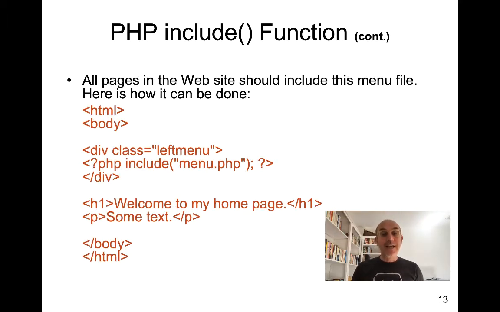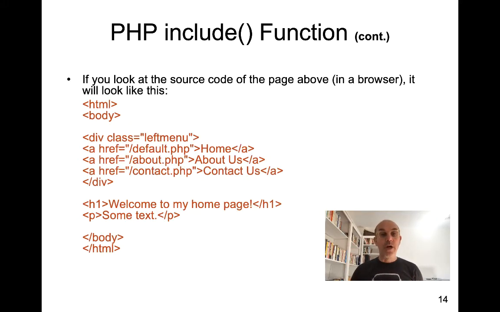The idea here is, again, using the PHP include for the menu, so it will appear on all the pages. We also added the div class as a left menu, so we defined where it is going to stand.